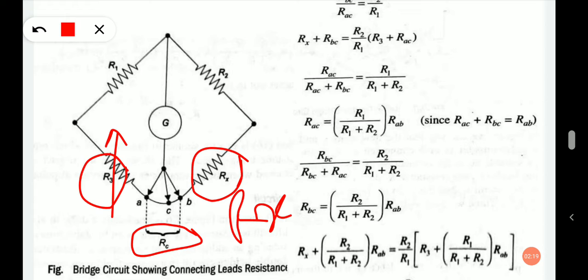The connecting lead with its internal resistance Rc is shown between R3 and Rx. Three points are shown, A, C and B. The points A and B indicate two possible connections of the galvanometer. The galvanometer can be connected to either of these points.